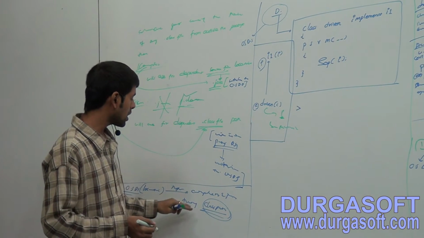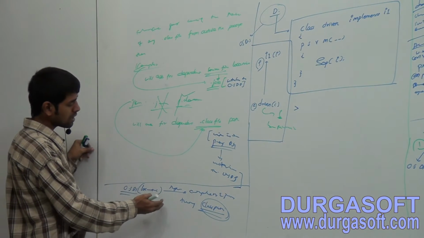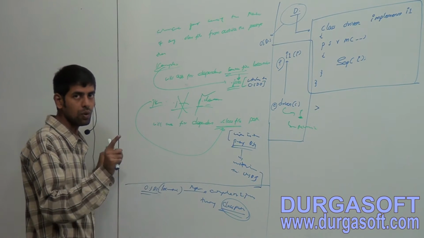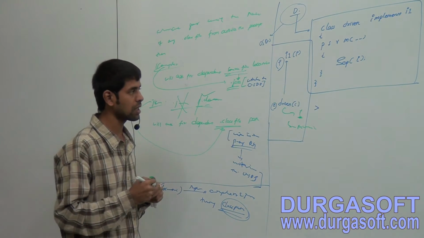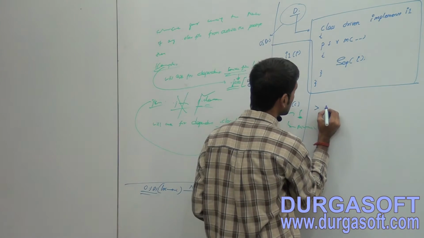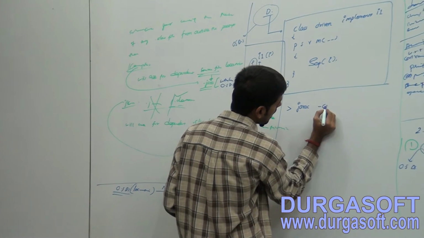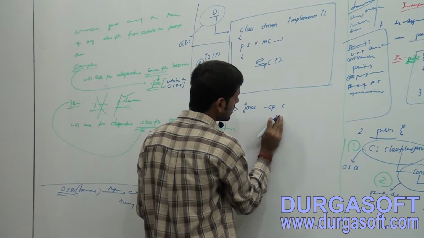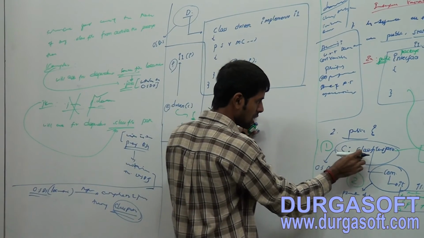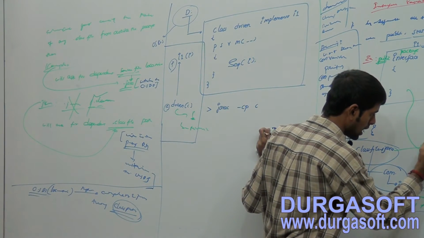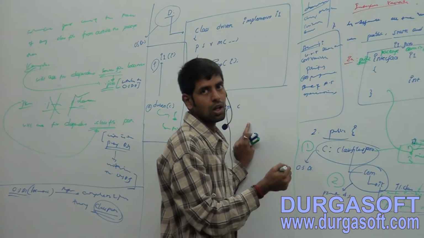So first, what you have to do: OS directory structure means we inform the compiler through class path setting. So now how to compile this one? javac -cp, and what is the OS directory structure for this i1.java file?